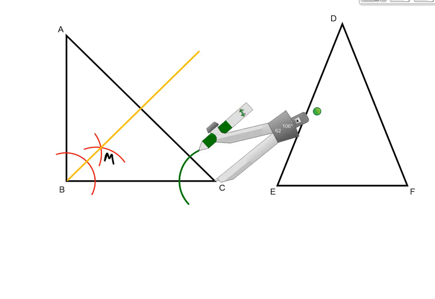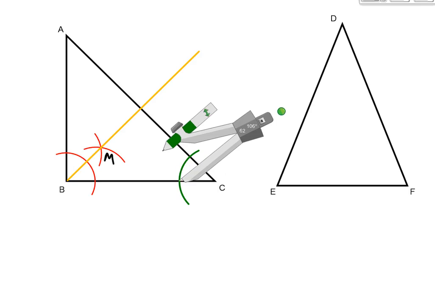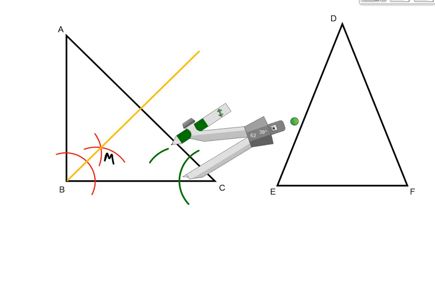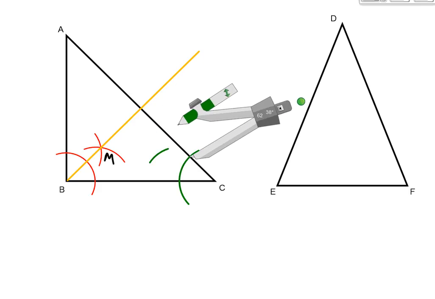And then from one of those arc to arc intersections with segment BC or with CA, then you're going to make another arc out in the middle someplace. And then you're going to put the point on that second spot where that first arc hit there.